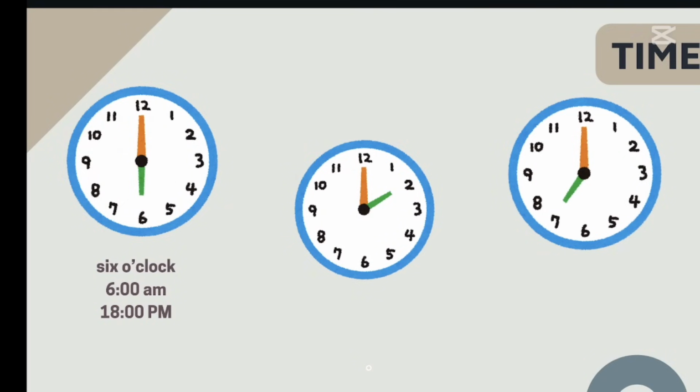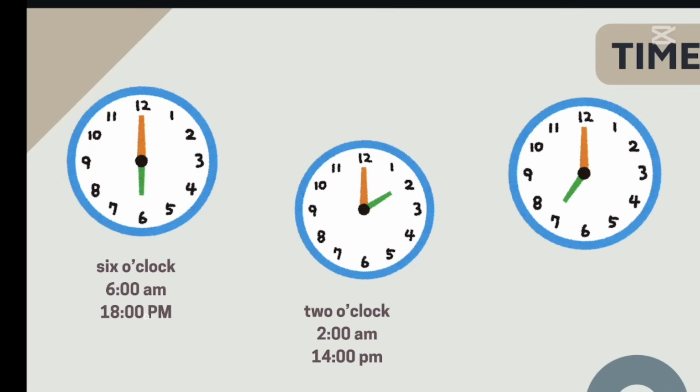As you can see, I have the word number 6 followed by o'clock, O apostrophe clock. It represents 6 a.m. or 18 p.m. I use the 24 hours time to indicate that this is for p.m., or evening time or afternoon time.